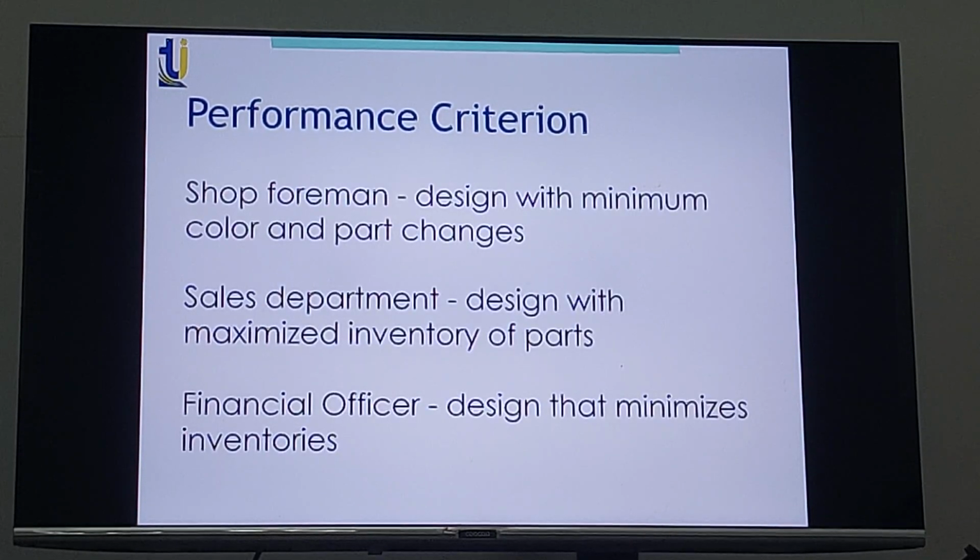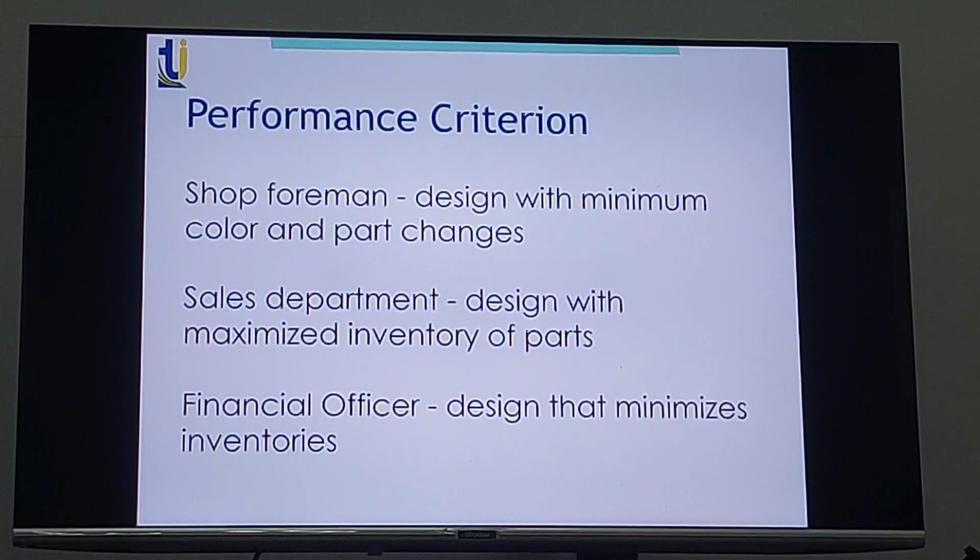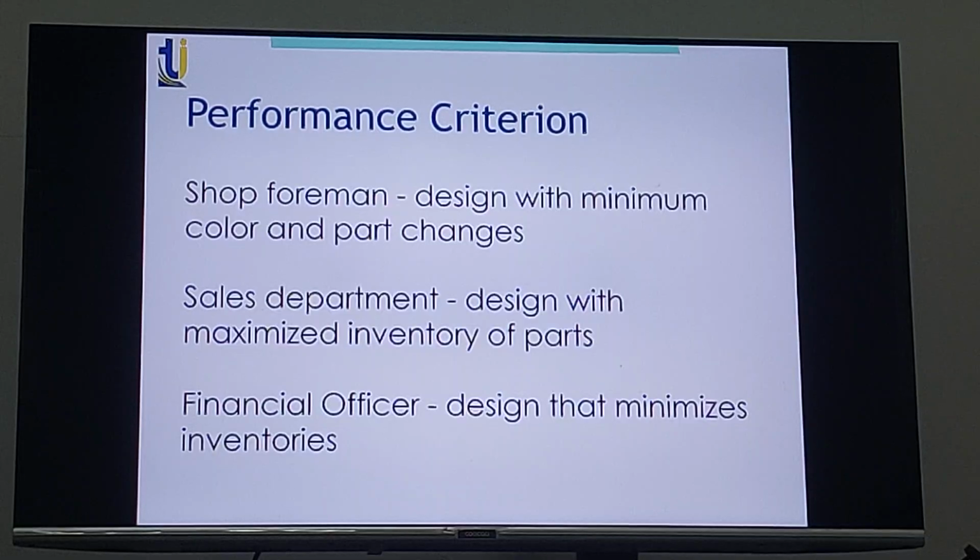Okay. And this is an example of different views from different departments. For the shop foreman, the performance criterion is to design with minimum color change, because more changes means more time, more complexity, more chance to get defective product, because you need to change too many colors, too many settings. While for the sales department, maximize inventory of part.